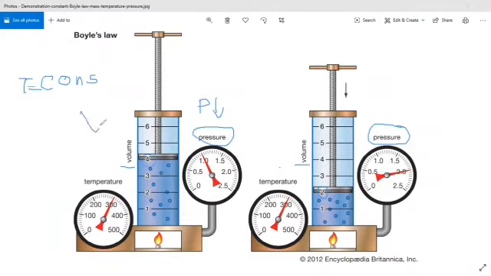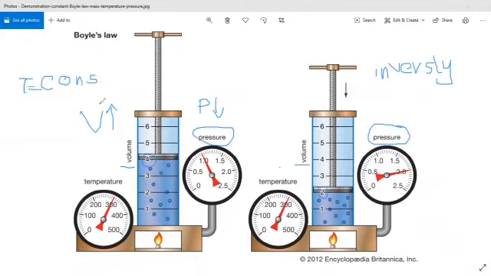The volume here increased. Excellent. So the relationship between pressure and volume is inversely proportional.